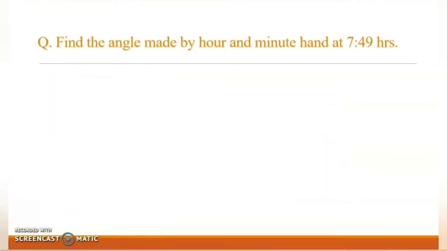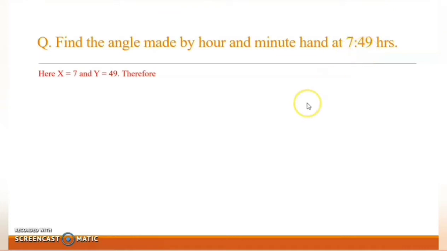Let's look at another problem of finding an angle between the two hands at a given time. Now suppose I want to find the angle between the two hands at the time 7 hours and 49 minutes. So again, using the same method, I'll identify my x and y. Now here x is 7 hours and y is 49 minutes.